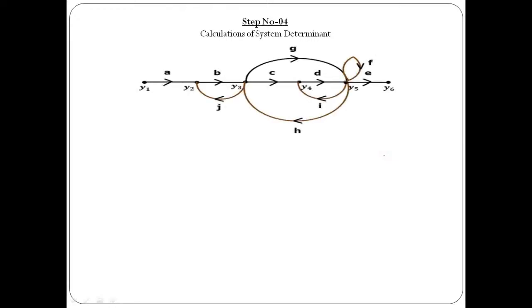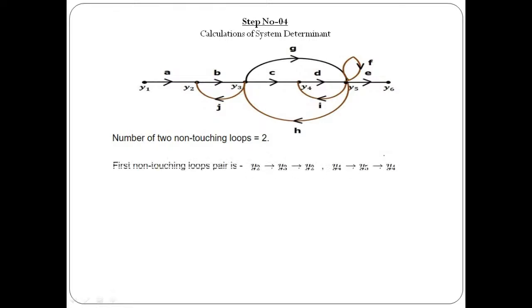Now, in step number 4, what do we need to do? We need to calculate the system determinant. Now, this is important. For the system determinant, we need to identify how many pairs of two non-touching loops there are, and already here we have two pairs of two non-touching loops. The first pair of non-touching loops is Y2, Y3, then Y2.